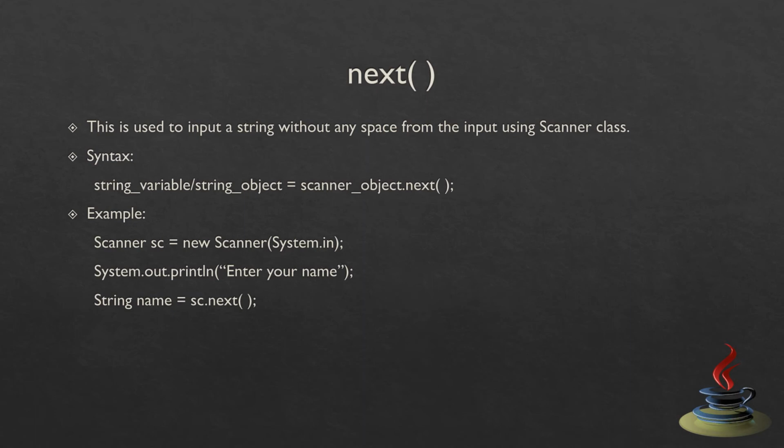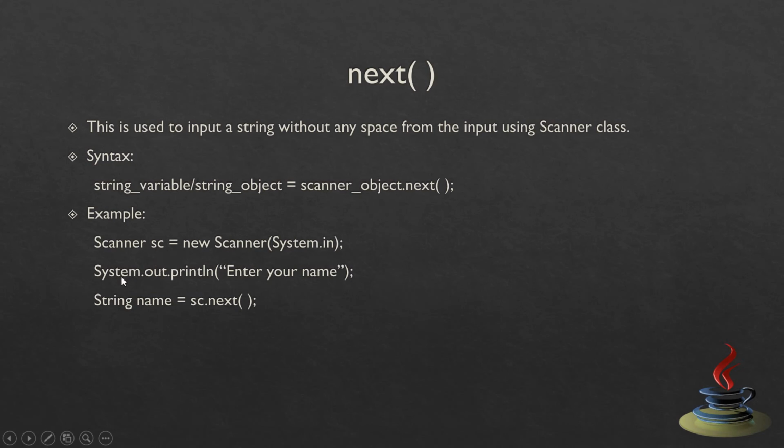The string syntax is, first you create your string variable, or you can say the string object, equals to the scanner object dot next method, because the next method is inside the Scanner class, so you have to call scanner object dot next method. Here is the example. First we create a scanner object, Scanner sc = new Scanner(System.in). Here sc is my scanner object.